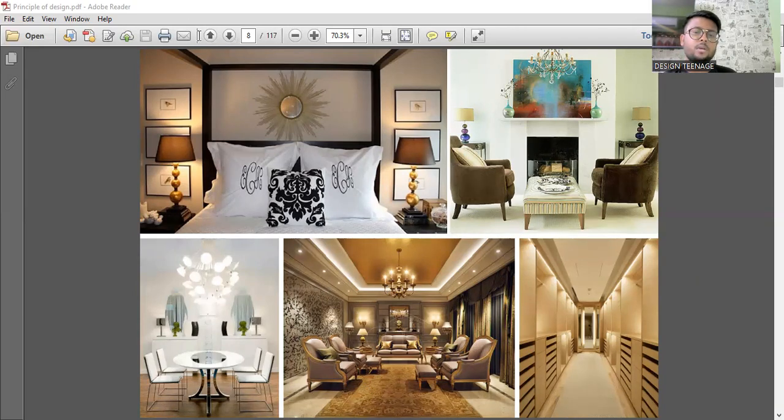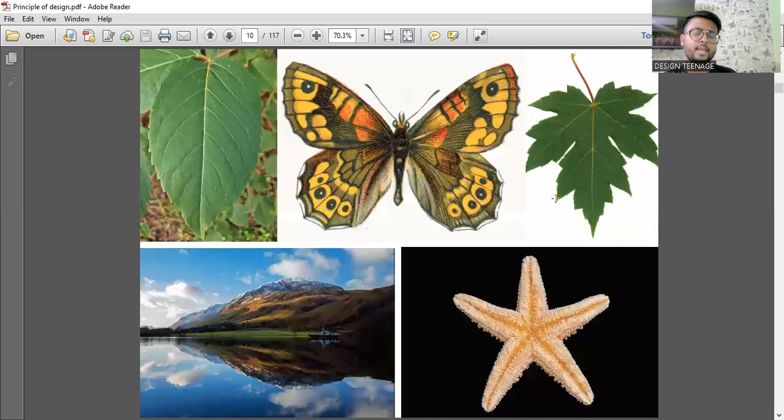We will move on to the next set of examples from nature itself. The butterfly is a very good example of symmetrical balance. The leaves of several plants, for example, are normally symmetrically balanced, though there are a few leaves which are not, and these are two examples.